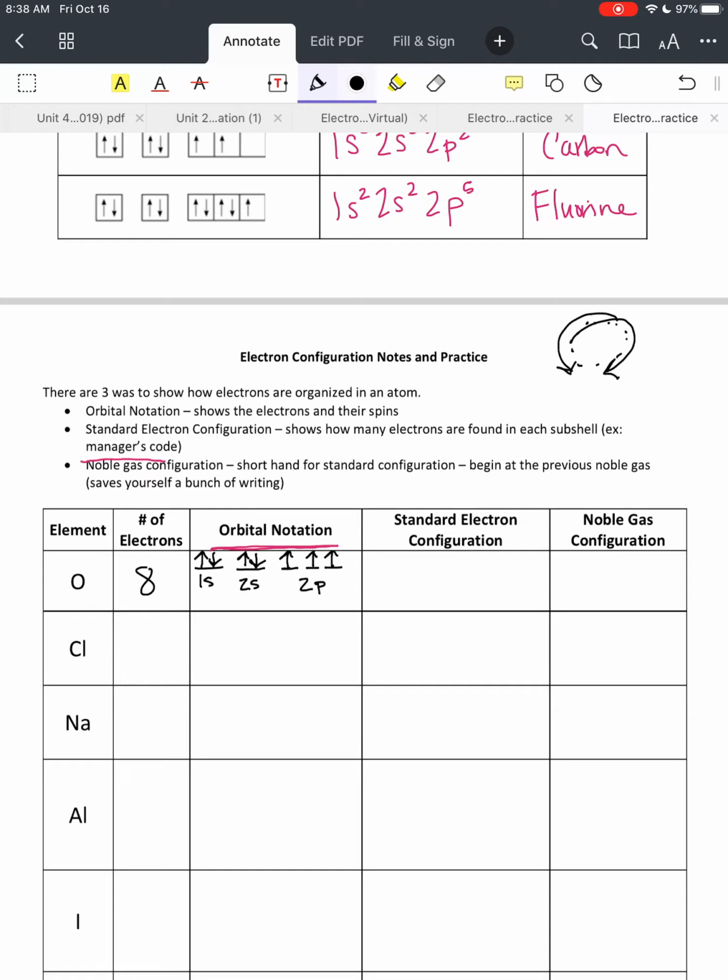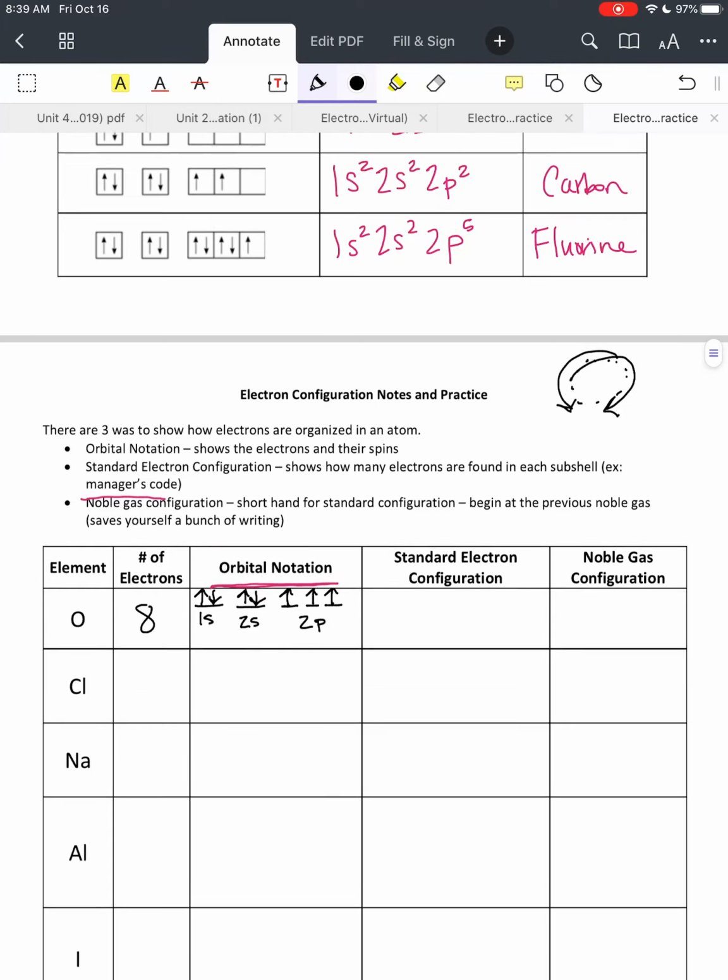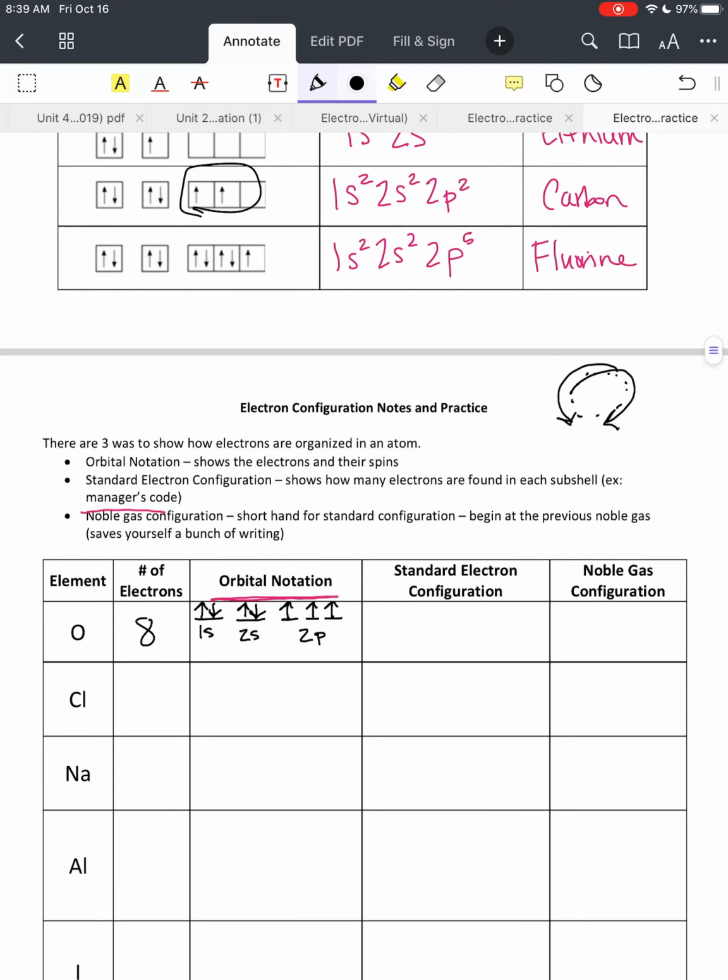When they're singles, they always have the same spin. You can see that up here too in these drawings, right? They always have the same spin. So I still need 1 more electron. Now I'm just going to add it to the first one, that's usually what's done, and I remember to have the down arrow because it's an opposite spin.